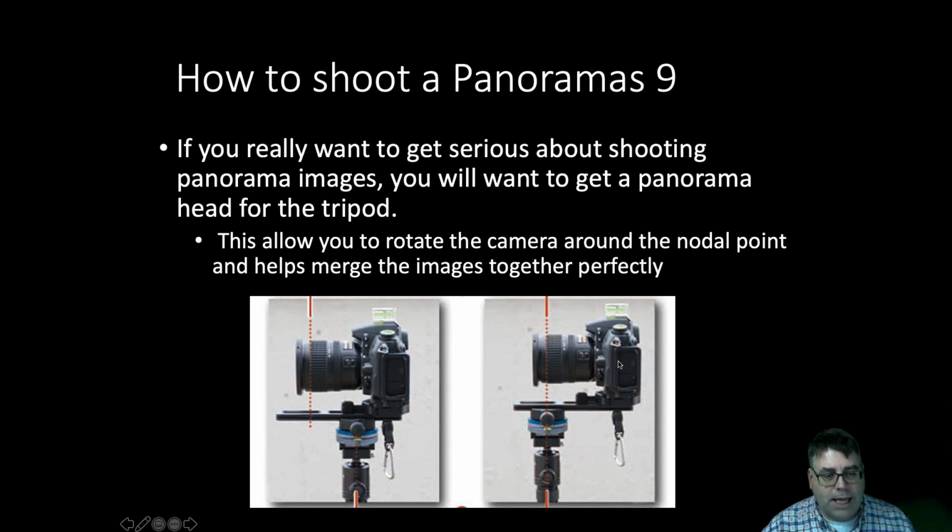It shoves the camera back, and there's ways of finding that nodal point, or that middle part of your lens, and then it rotates around the middle part, and it makes for a very seamless panorama. Very well done, especially easily done for really close-up photos. Again, if your panorama is far away, this is not as important.